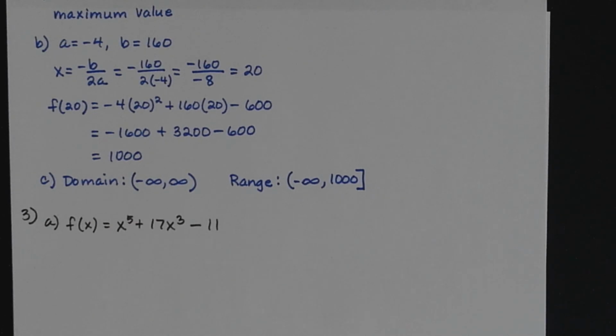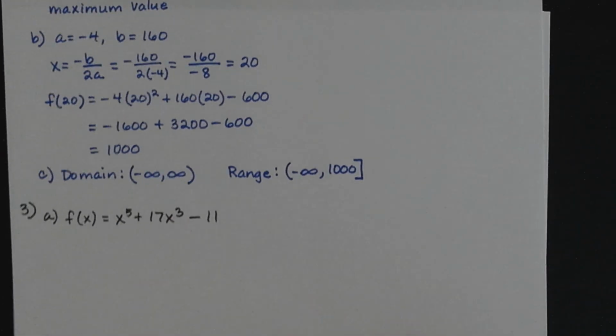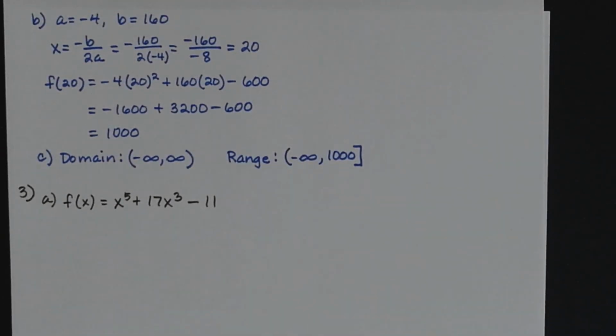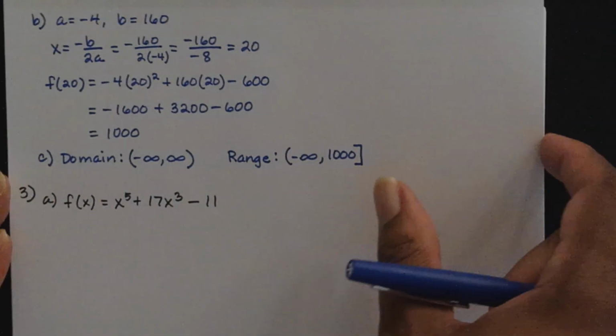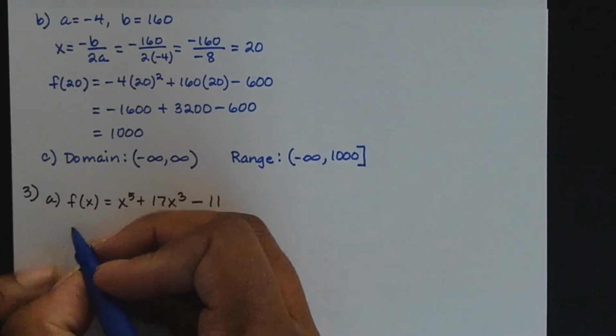And in part A, you got f of x equal x to the 5th plus 17x cubed minus 11. And here we want to use that leading coefficient test. You might want to refer to the notes from section 3.2, because I did provide that leading coefficient test there. So you might want to include that whole thing in your one-page sheet of notes.